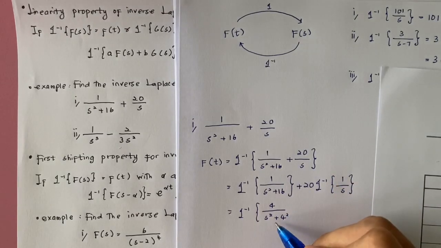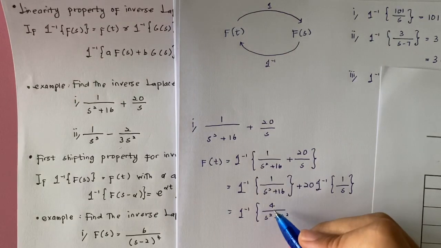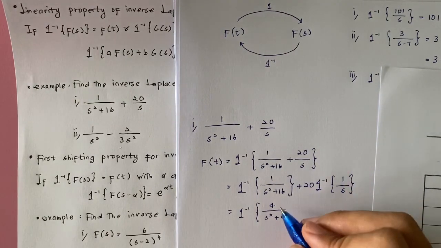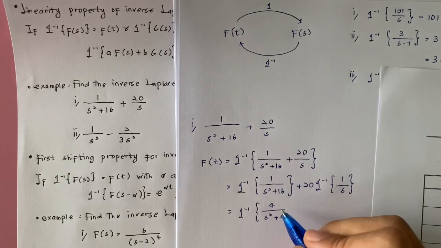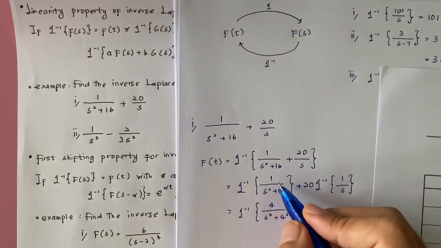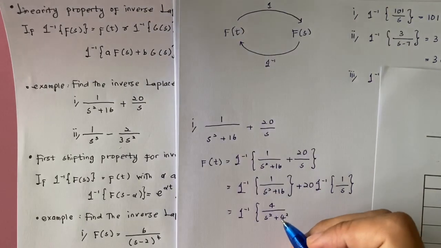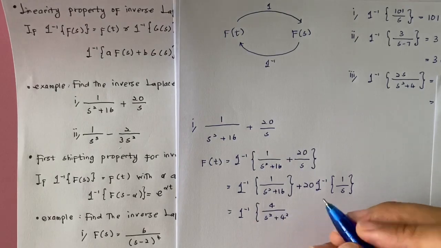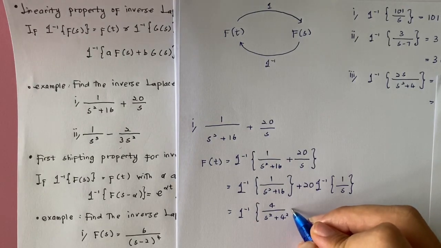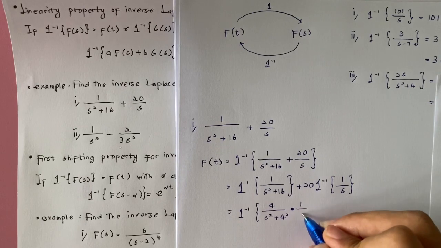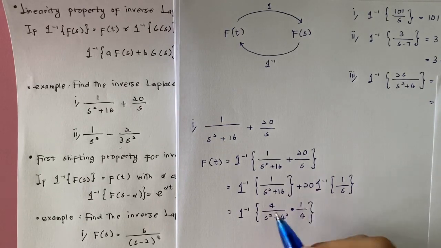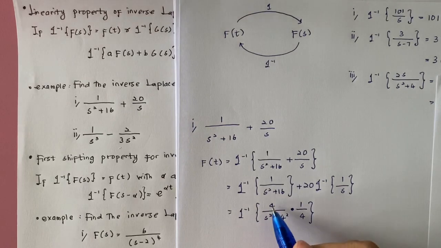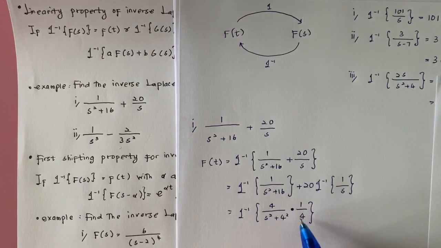So this is sin 4t, because we have a over s squared plus a squared. But you just change this F(s). From 1 over s squared plus 16, now we have 4 over s squared plus 4 squared, which is 16. So what you need to do is to multiply this with 1 over 4, so that we have 1 over s squared plus 4 squared, 16, because this can be cancelled out.